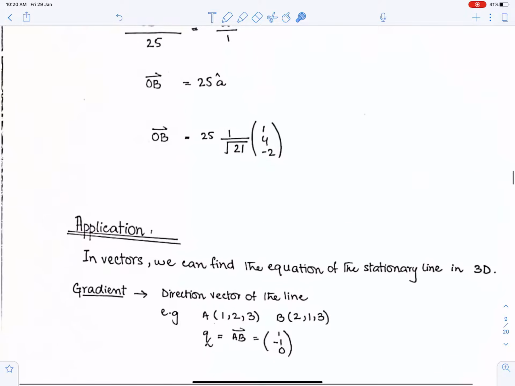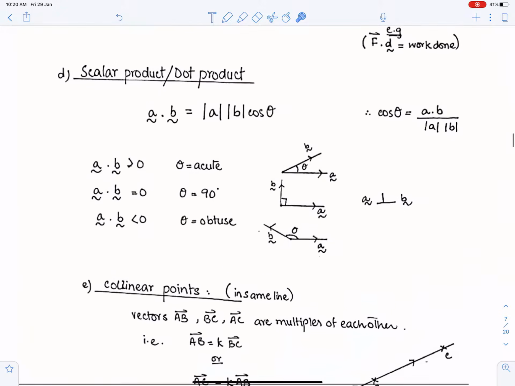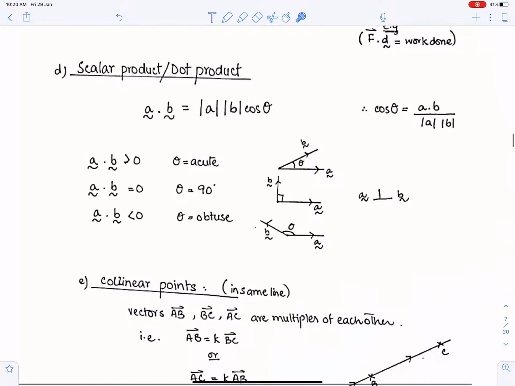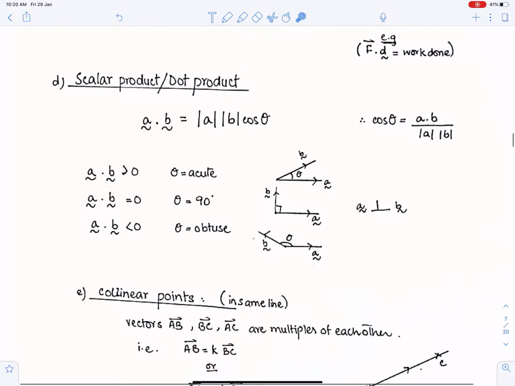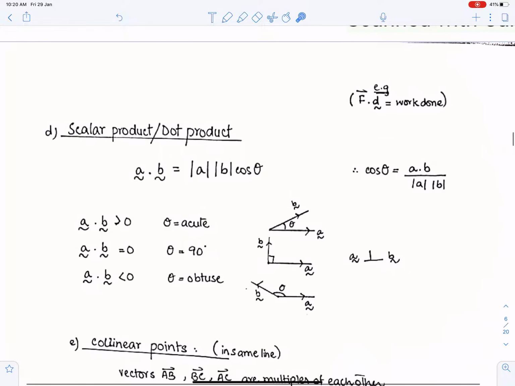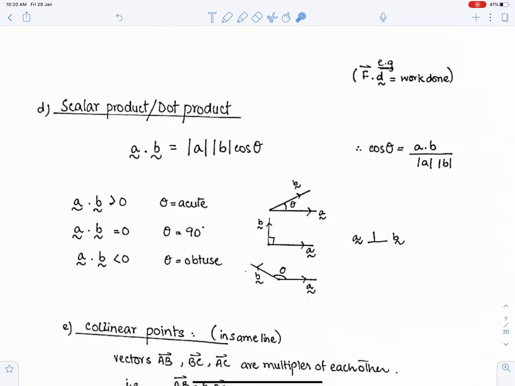Well, the next thing, I left this concept, scalar products. Let me discuss this concept now. Scalar product or dot product. Scalar product and dot product mean the same thing. They both mean that if you take the dot product of two vectors, then you get a scalar quantity.